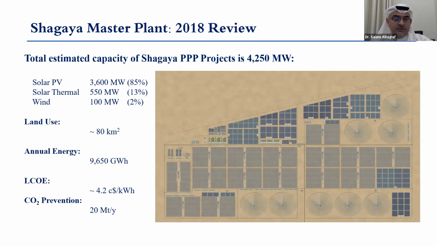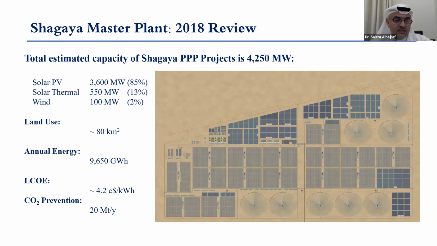And the last part is for wind technology, which is 100 megawatt installed capacity on the northeastern corridor of the park. The land use for this reviewed master plan was 80 square kilometer.